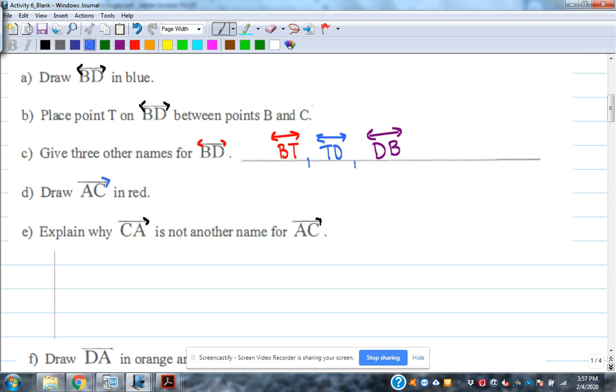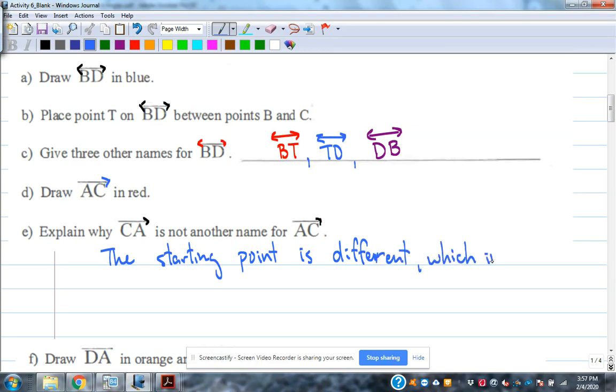Right. The starting point is different, which indicates, or names, whichever way you want to say that, a different ray.